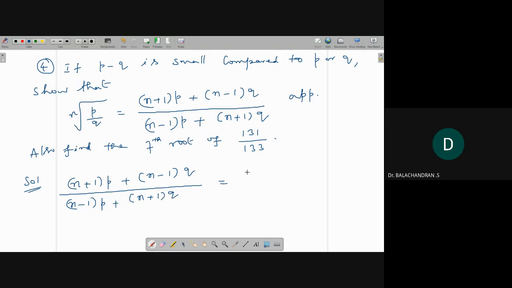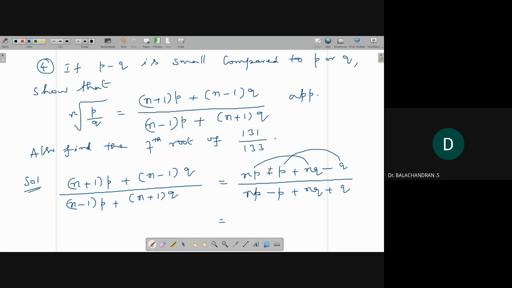Okay, so just multiply, you'll get what? Np plus P plus Nq minus Q, divided by Np minus P plus Nq plus Q. Here it is given in terms of P minus Q, so I group these two, and also these two, because P minus Q is small and I need to use this condition.